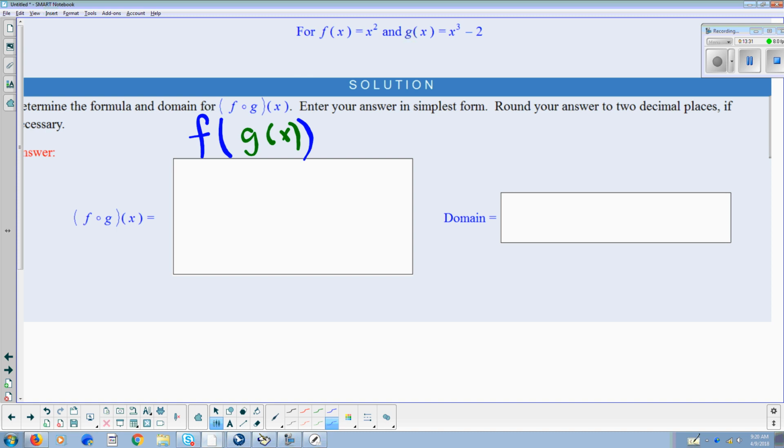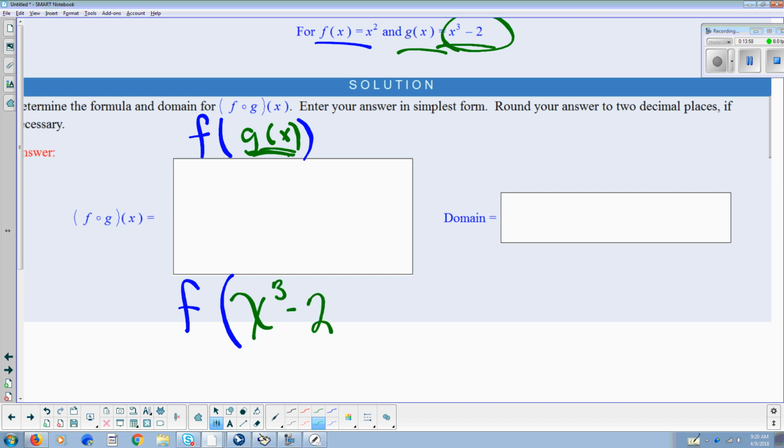So I'm going to call the outside function f of x and the inside function g of x. So first, I will rewrite this as finding f of, replace g of x with what it equals. G of x is x cubed minus 2.